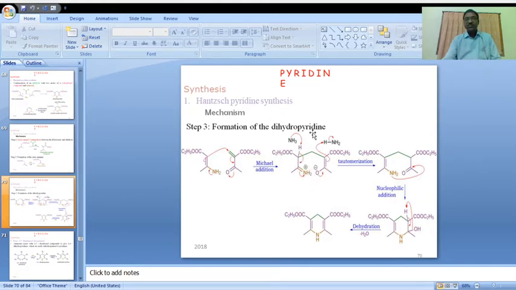From this intermediate, there is abstraction of hydrogen by NH3, ammonia.